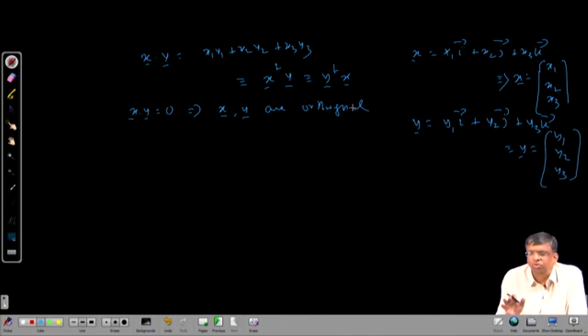In a 3-dimensional world, you can plot the vectors, so they will have an angle between them of 90 degrees. In a general case, of course, there is no notion of angle in an n-dimensional space. So, we just say they are orthogonal if the dot product is 0.